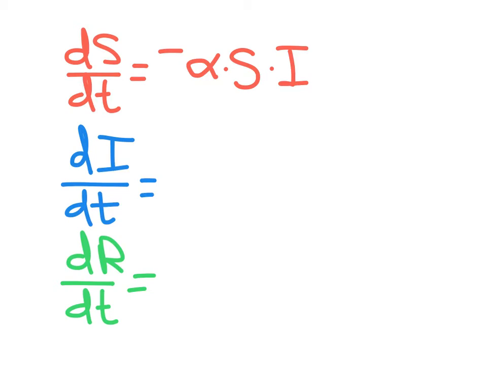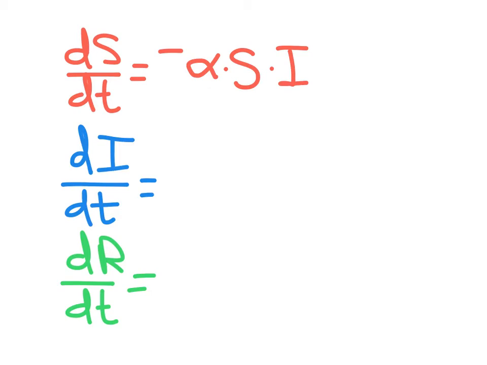Now, right away, as we build this model for how the derivative is going to work, we have an immediate problem that we have to introduce a fix for. The problem is that our S function, the number of susceptible people as a function of time, is measured in a number of people.